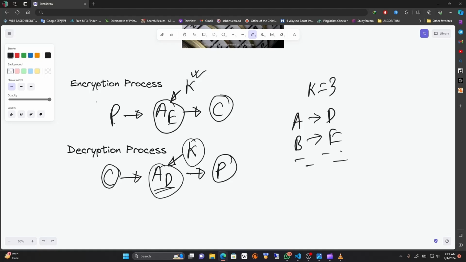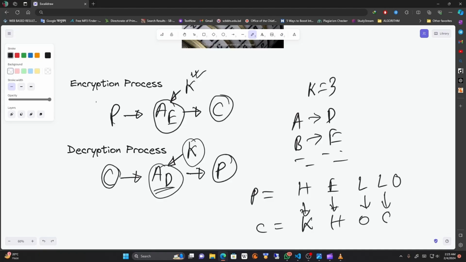For this example, if we take a plain text as hello, then we will get a ciphertext like this, where H becomes K, E becomes H, L becomes O, and O becomes R. So this KHOOR will be our encryption message for hello.